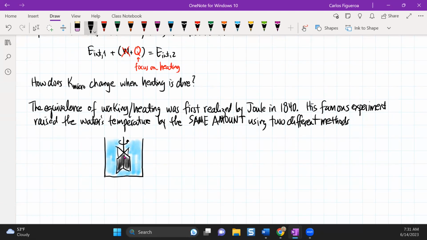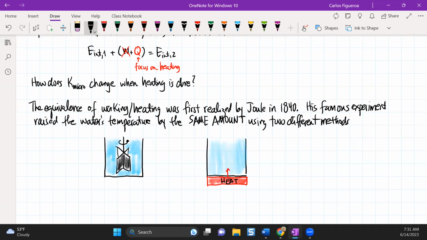In his other experiment, he took the same container, but this time he had a heat source. And from this heat source, we can clearly see that there has to be a transfer of energy from the heat source into the water.